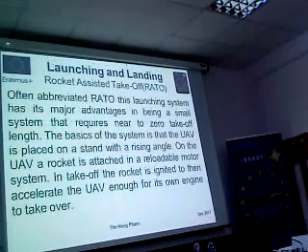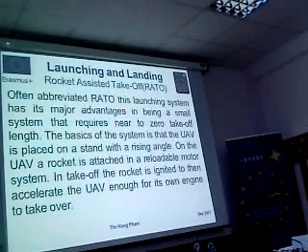They put one rocket at the bottom of the UAV, and you can see the rocket is attached in a reloadable motor system. In takeoff, the rocket is launched to accelerate the UAV enough for its own engine to take over.